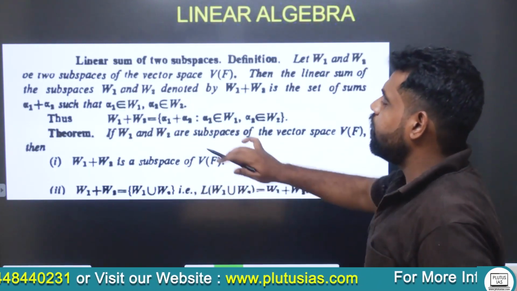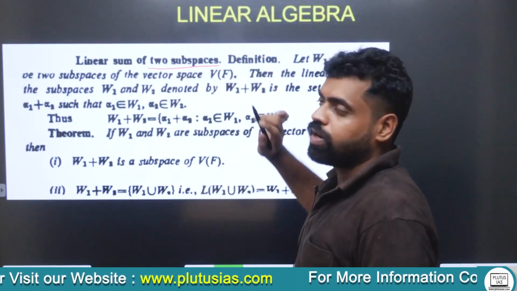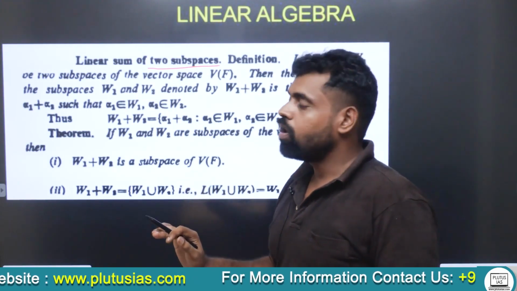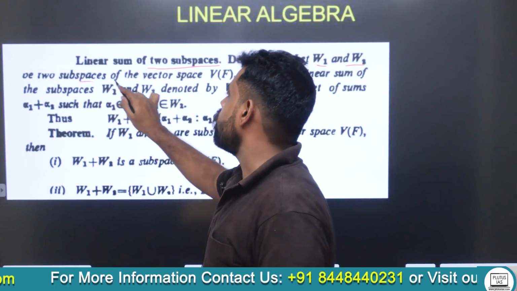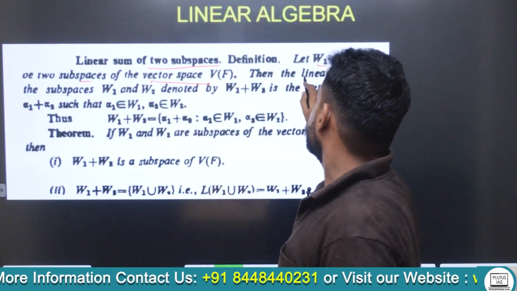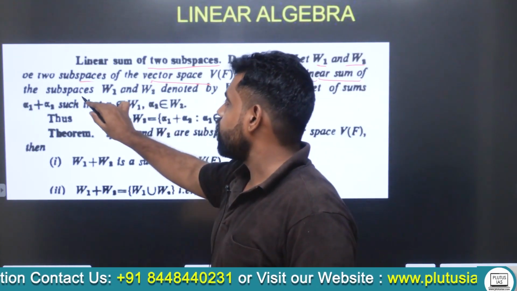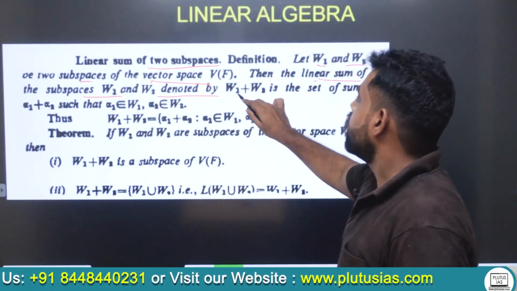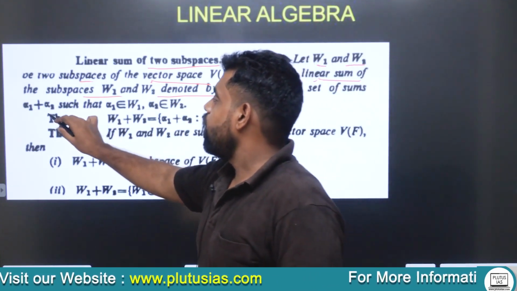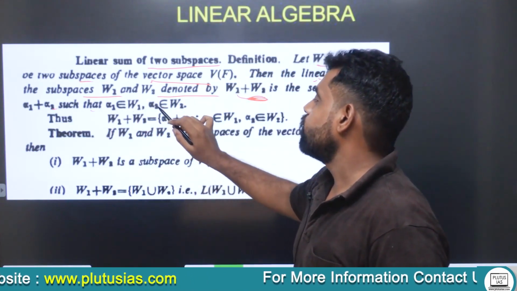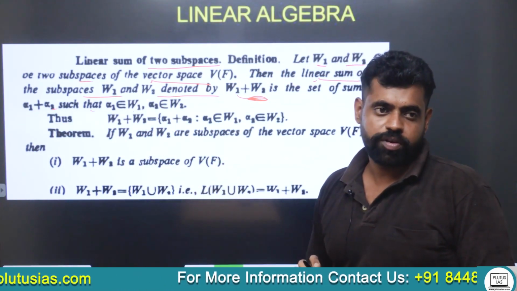Okay, now we have a linear sum of two subspaces. Its definition is: let W1 and W2 be two subspaces of vector space V over F. Then the linear sum of the subspaces W1 and W2, denoted by W1 plus W2, is the set of the sum alpha 1 plus alpha 2 such that alpha 1 belongs to W1 and alpha 2 belongs to W2.